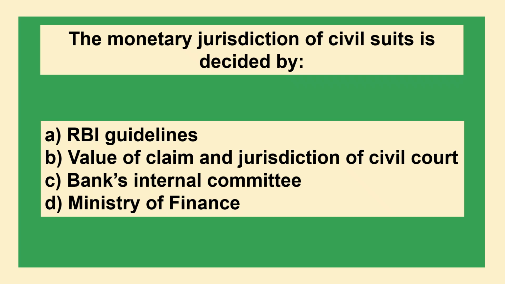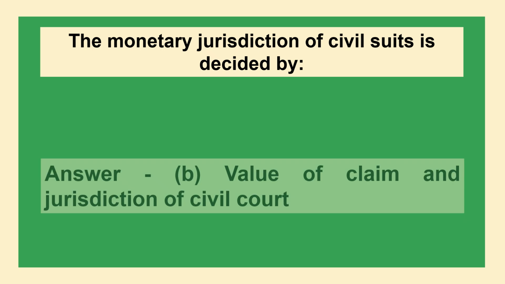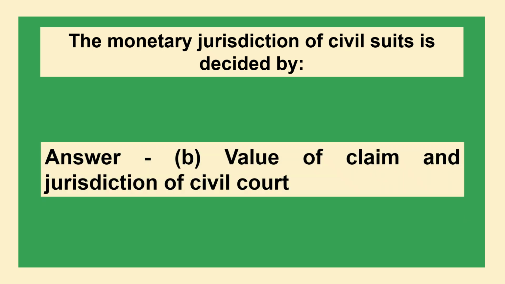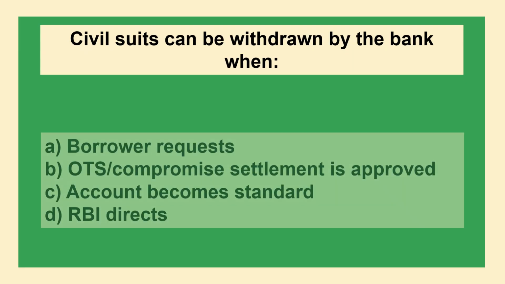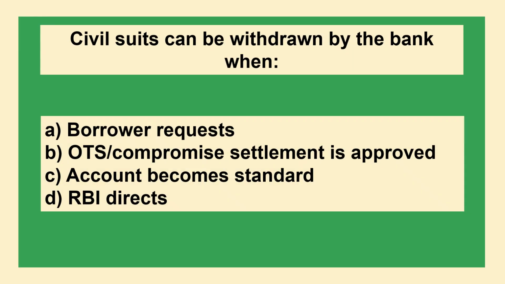The monetary jurisdiction of civil suits is decided by option A, RBI guidelines, option B, value of claim and jurisdiction of civil court, option C, bank's internal committee, option D, Ministry of Finance. The answer is option B, value of claim and jurisdiction of civil court. Civil suits can be withdrawn by the bank when option A, borrower requests, option B, OTS and compromise settlement is approved, option C, account becomes standard, option D, RBI directs.